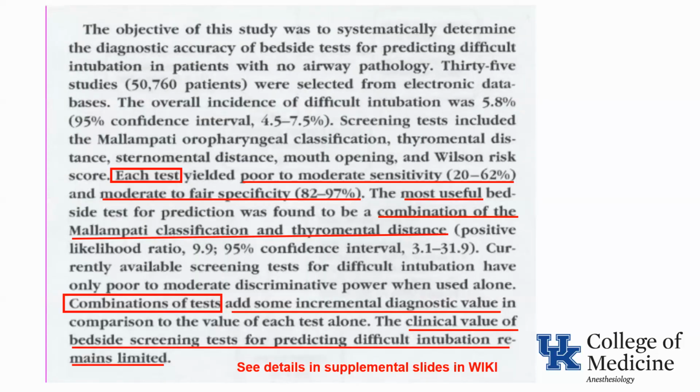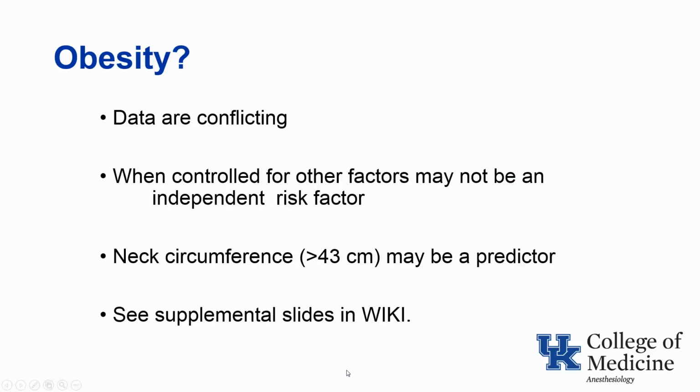And as you see here, each test has a poor or moderate sensitivity and a moderate to fair specificity, and suggests that the most useful bedside tests are found in combinations of the Mallampati and thyromental distance. He also discussed combination tests, which we will talk about in a few moments, and I have added supplemental slides from this paper on my wiki.